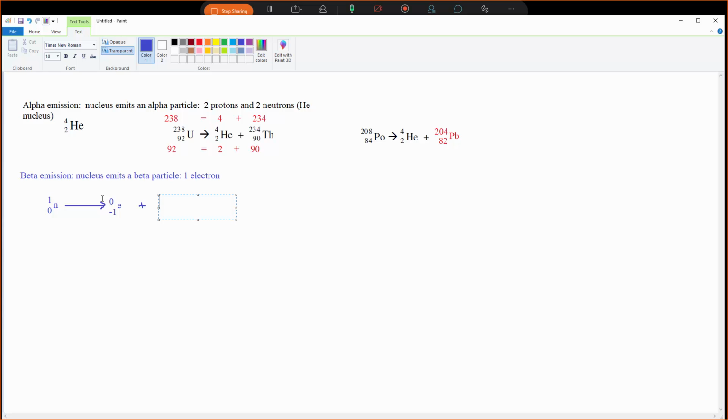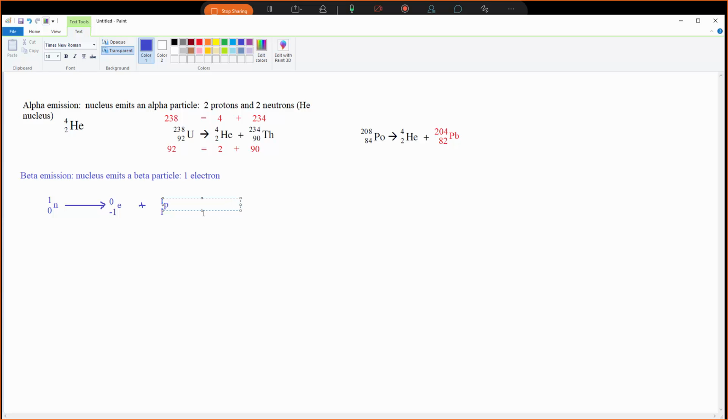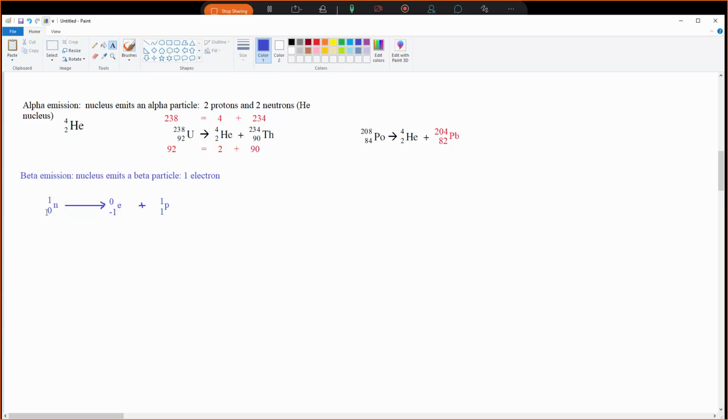Whatever remains has a mass of 1, because my total mass has to add up, and a charge of +1, since 0 equals -1 plus 1. What particle has a mass of 1 and a charge of +1? A proton. So in beta emission, one neutron in the nucleus gets converted into a proton. Remember, the reason these nuclei decay is that the ratio of neutrons to protons is off.